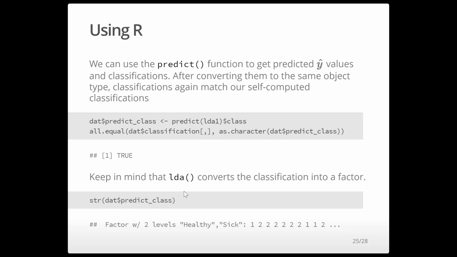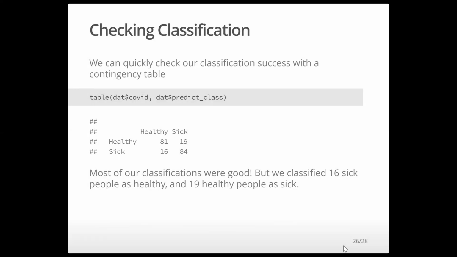So we can check our classifications against the ones that we got when we did everything by hand, and we see that they're the same. Just keep in mind that LDA converts the classification to a factor. So you can check the levels of the factor either with levels, or here I'm just showing str to show you the structure where it's a factor. We can check our classification success with a contingency table.